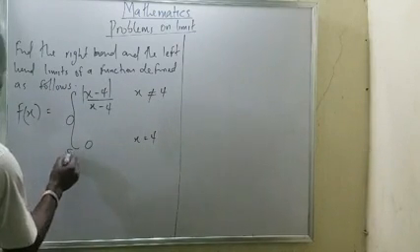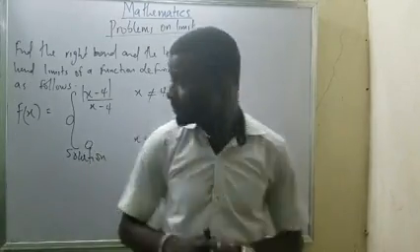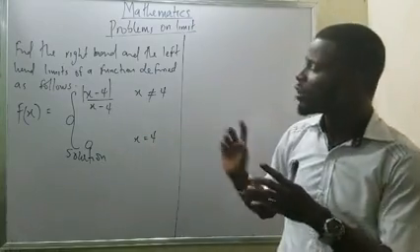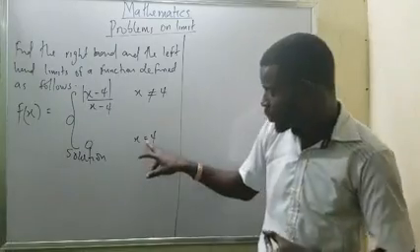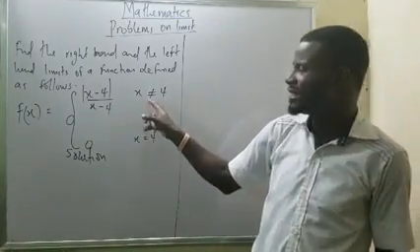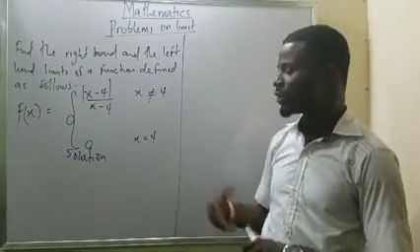Now, solution to this problem. There are two things here. The first thing is when my x equals 4. Once my x is equal to 4, it will surely be equal to 0. But when my x is not equal to 4, that is where we don't know what will happen. That's what I want to work on.